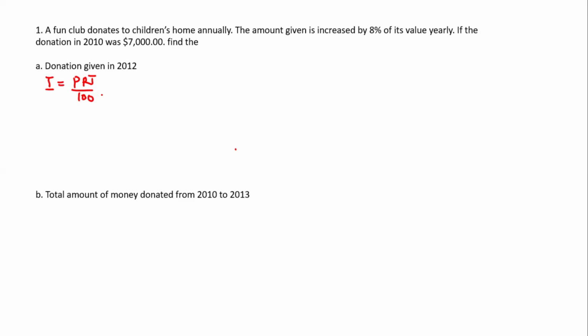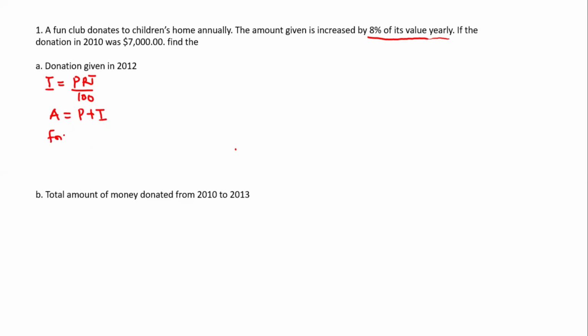Remember that the amount given is increased by 8% of its value yearly. So the amount given in 2011 will be increased by 8% to get the amount given in 2012. So how do you do that? For every year, your amount will be equal to principal plus interest. All right. So now let's find for 2011.